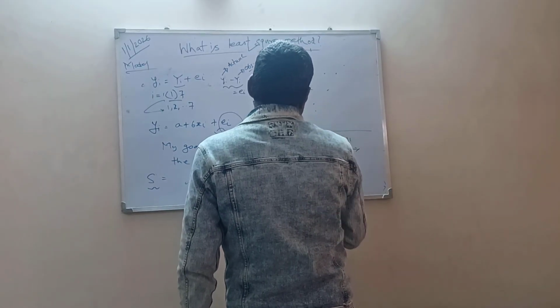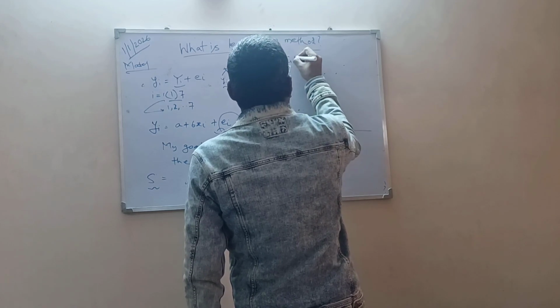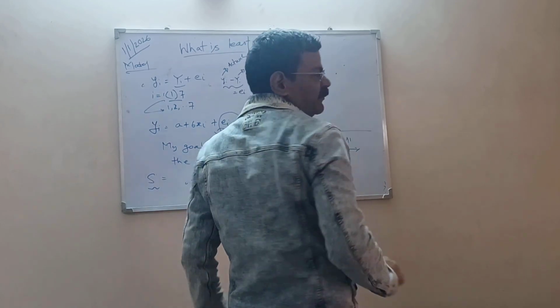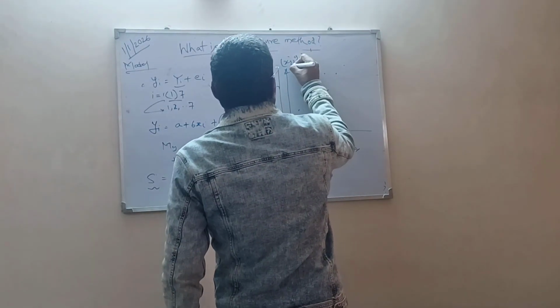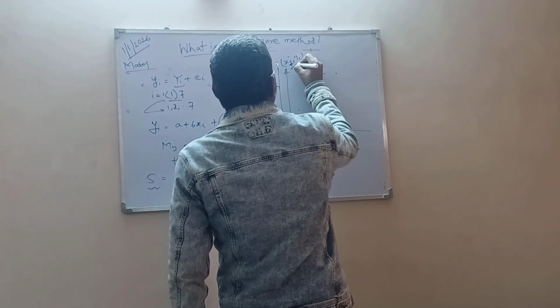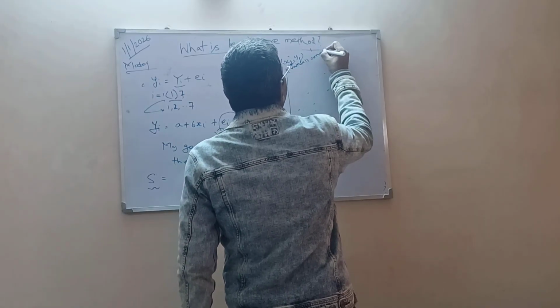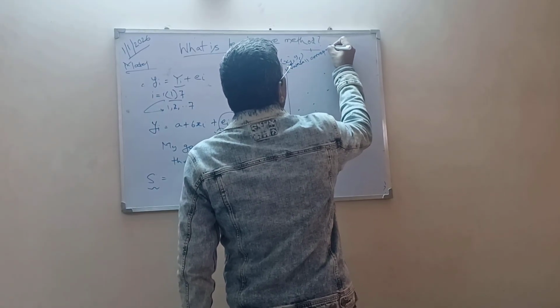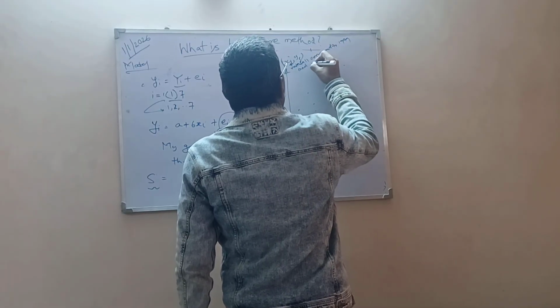This is my X1, Y1, meaning corresponding to the year 1999, this is my rainfall and this is the production of paddy.